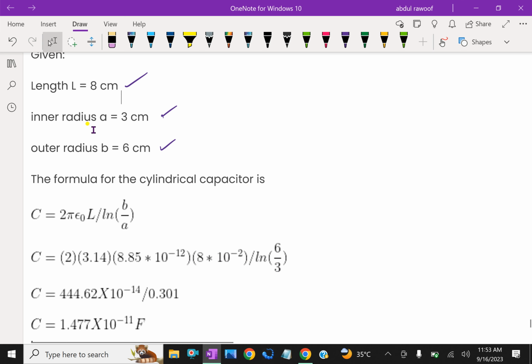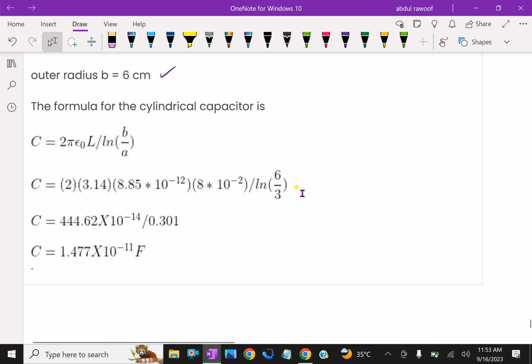For b by a, 6 centimeter and 3 centimeter are both converted to meter and cancel, giving the same 6 by 3. So the final answer is C equals 1.477 into 10 raised to minus 11 farad.